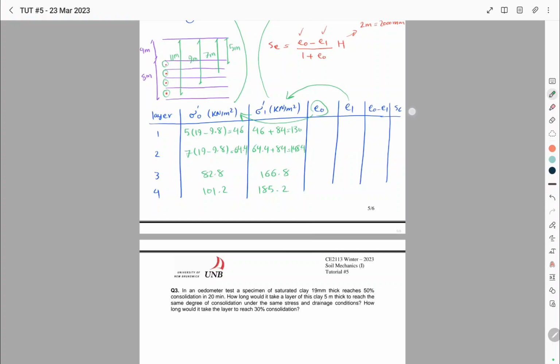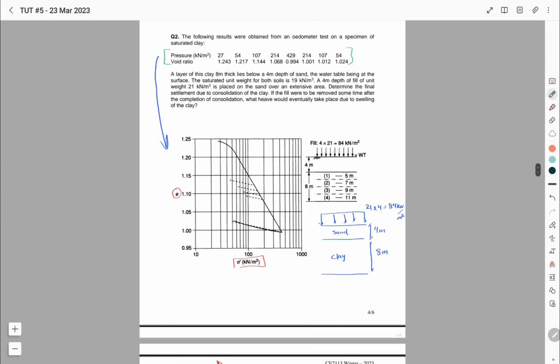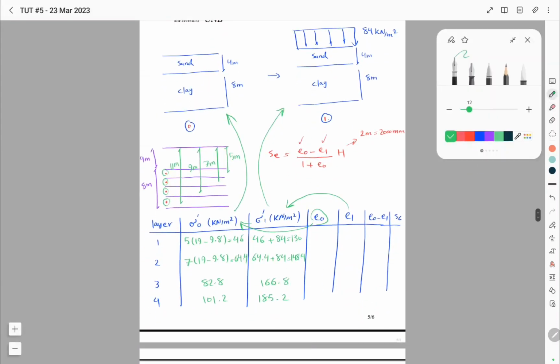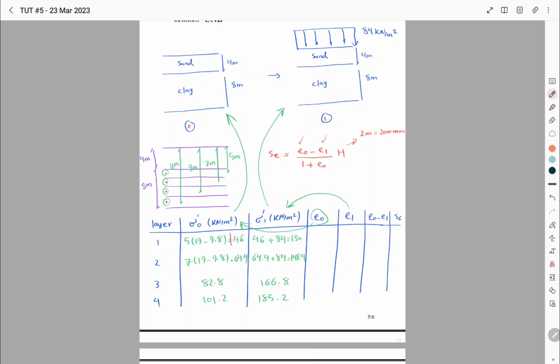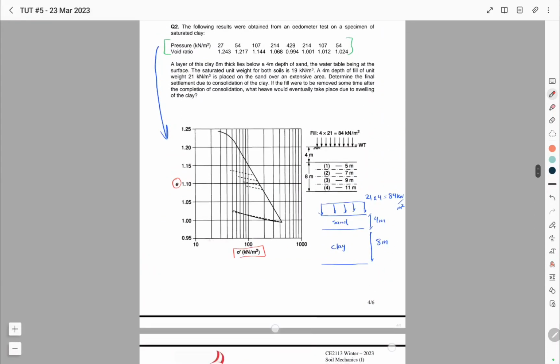And now that we have these values, we have to read the values of void ratios corresponding to these effective stresses using the graph that we have. So I'm gonna just do some examples. Let me use another color. So for this one, the value of effective stress is 46. So say this is 20, 30, 40, and this is 46.